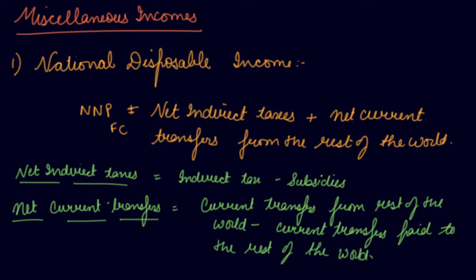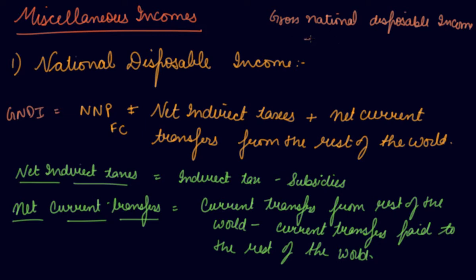Now with this we have the concept of gross national disposable income. So what you get is your gross national disposable income.